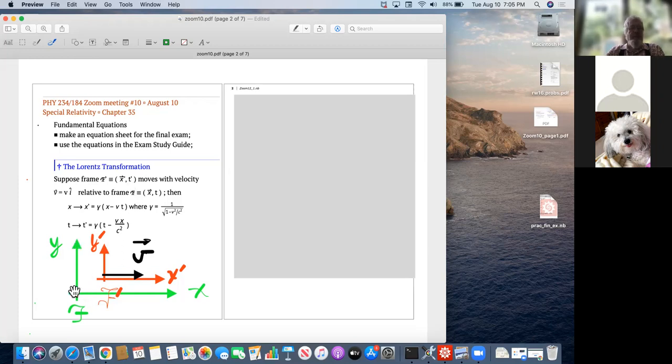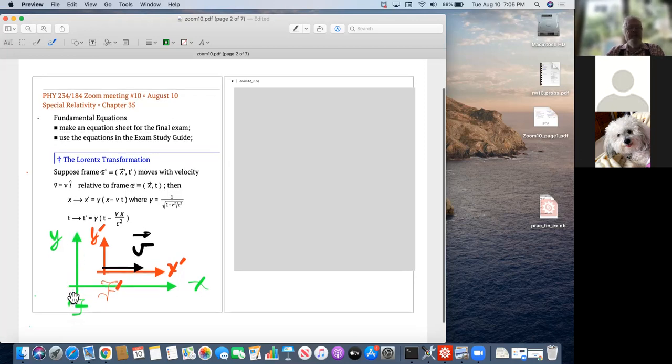So here's the x, y coordinates, and then there's a z coordinate perpendicular to that for the frame F. Here are the coordinates x prime and y prime for the frame F prime. I could think of the frame F as being the Earth frame of reference, and the frame F prime being a moving frame, moving meaning moving relative to the Earth. Let's say the relative velocity is v in the x direction.